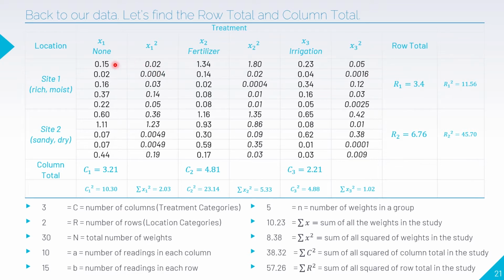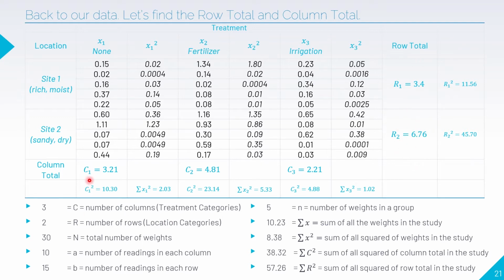And in here, we add this one and this one as our row total, which is 3.4. And then we add here and this one and the third column, and then we have our row total 6.76.